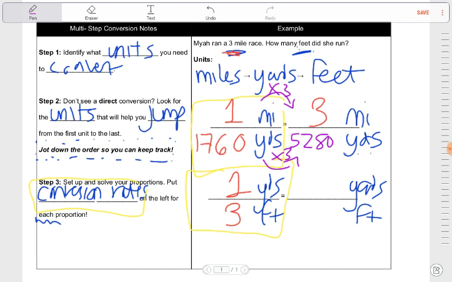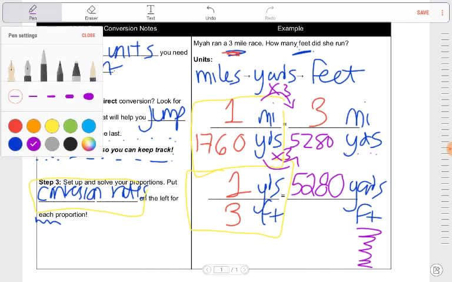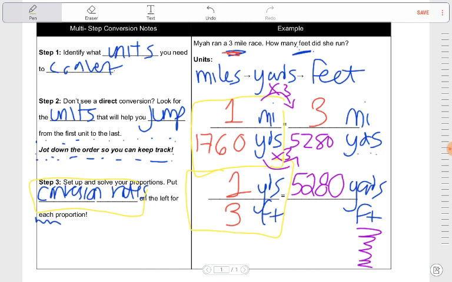Okay, so we know that 3 miles is that many yards. But again, we don't care about yards. We care about how many feet. So we're going to take this 5,280 and we're going to put that right there. 5,280 yards, because that's 3 miles. And at the end of the day, we want to find out, well, how many feet is that? So it's a slightly bigger multiplication jump now, but you're going to multiply 1 times 5,280 to get our 5,280.